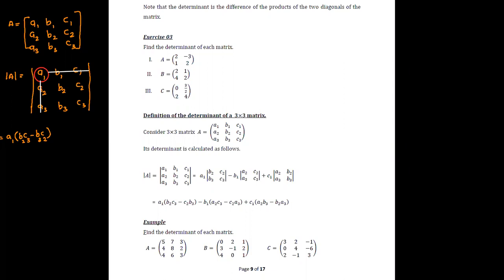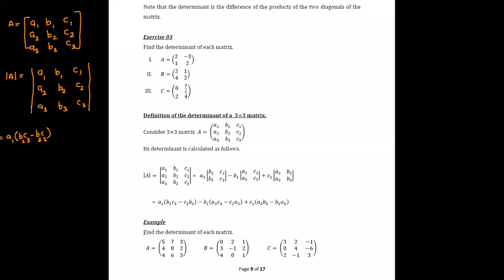Since we have finished with the first row, first column value, now we will select the first row, second column element. Then we write down the value here.